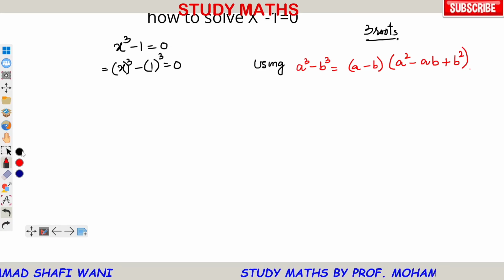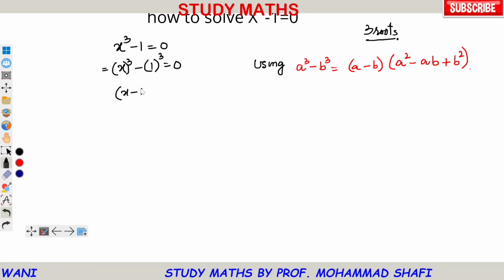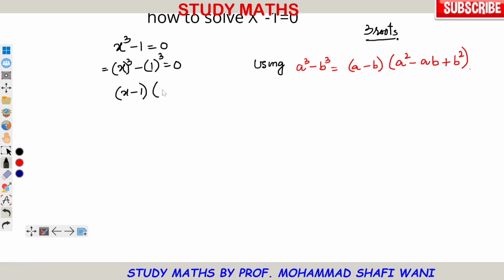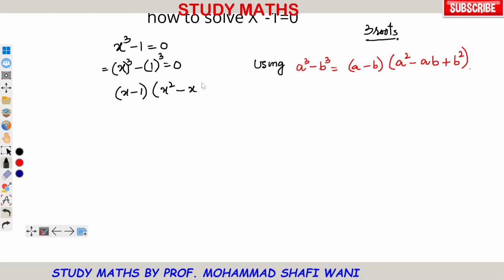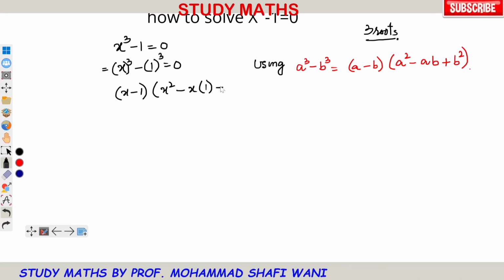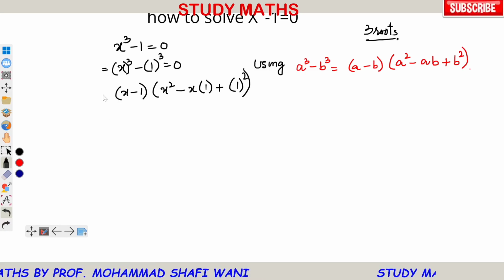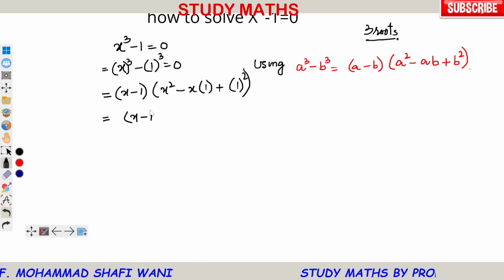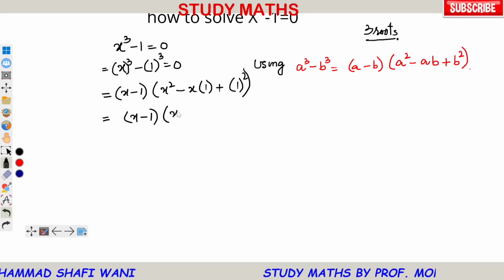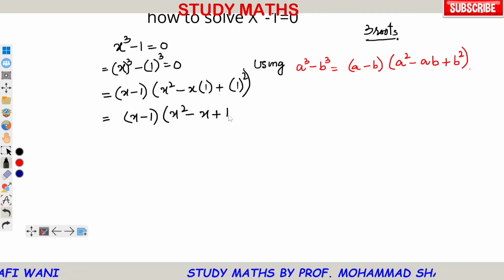Applying here, we will get (x minus 1) into (x square plus x into 1 plus 1 square). Then we will get (x minus 1) into (x square plus x plus 1) equal to 0.